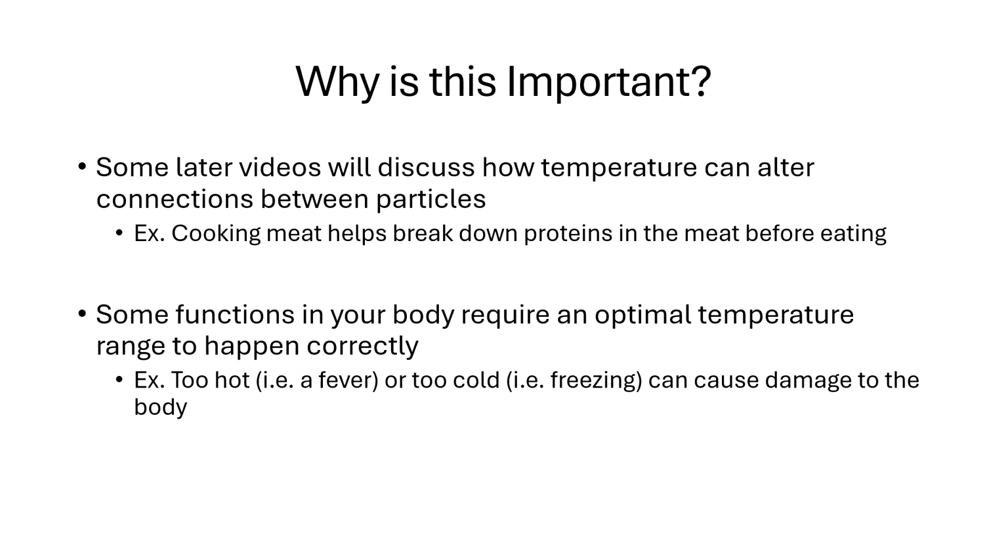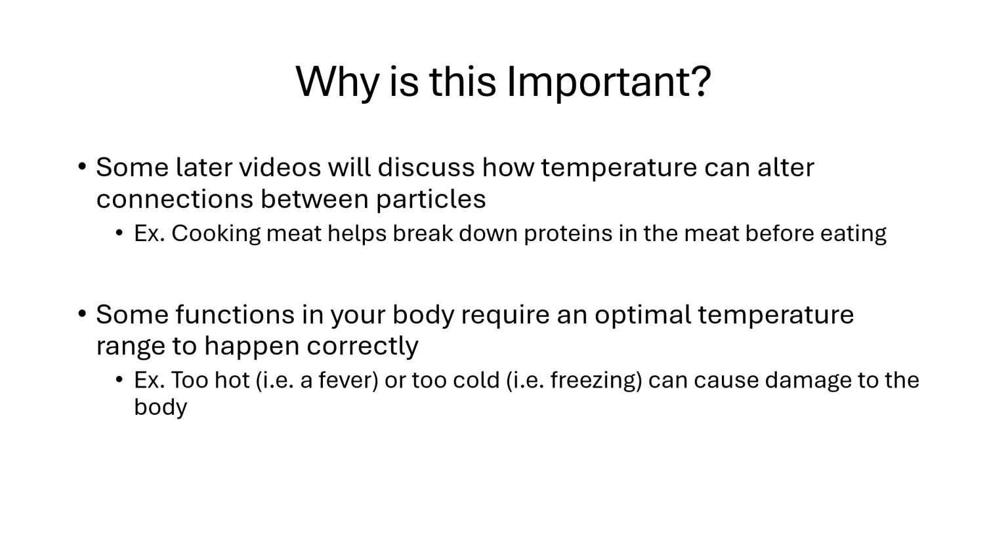First, in some later videos, we'll discuss how hot or how cold an environment is can affect how particles are connected to each other in a substance. Now, for example, think of it this way. You have a piece of chicken or some fish or some beef or goat or sheep, whatever meat you like to have.